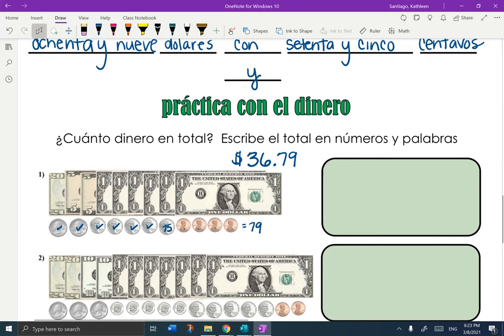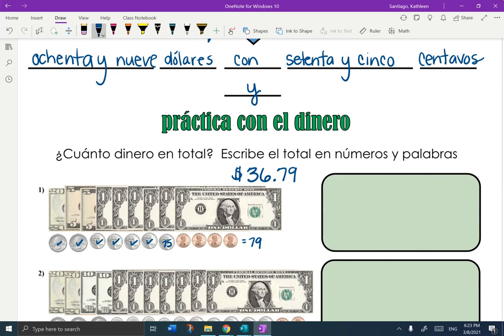Just like from up here, we're going to follow this model. So we're going to write 36 dólares con 79 centavos.